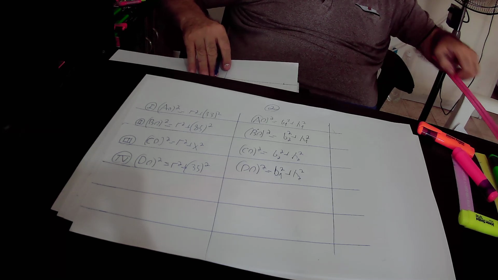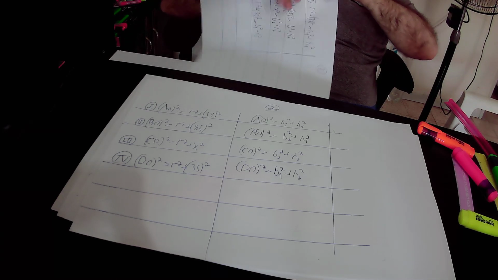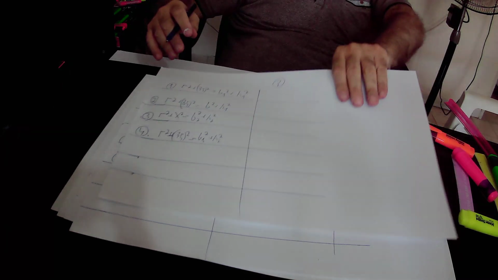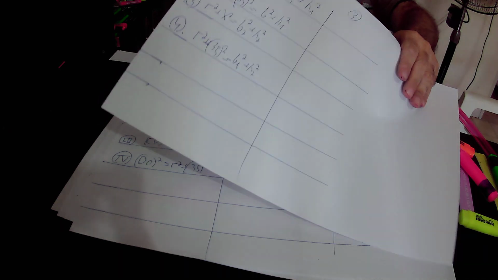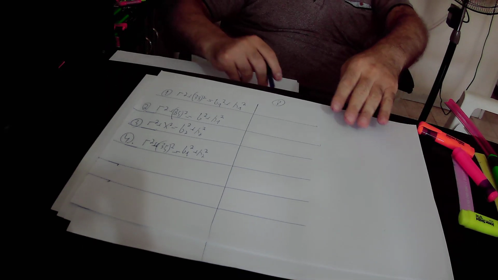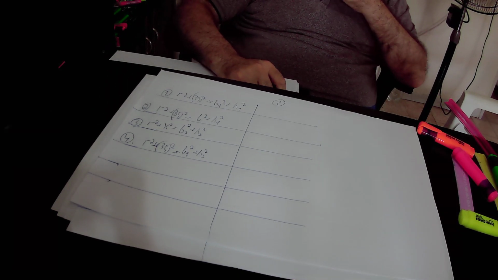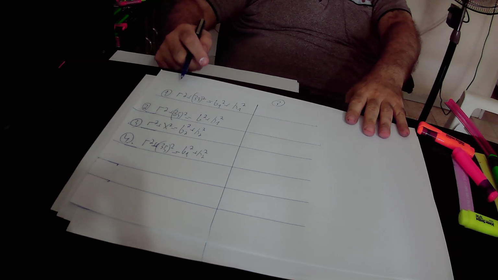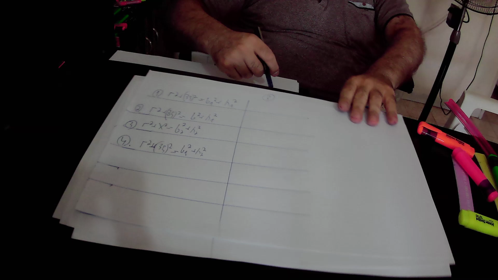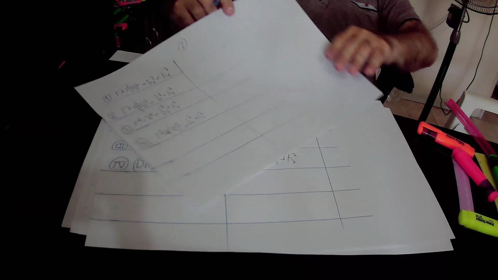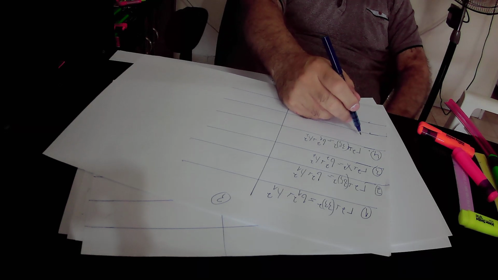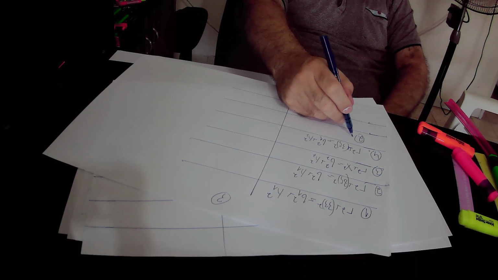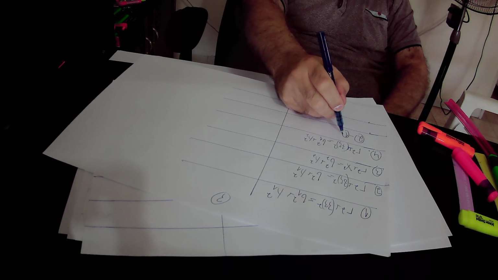So actually, this is the 4 equations that we created from those 8 equations. In the next step, we'll subtract equation number 1 from equation number 2. So it is equation number 2 minus equation number 1.